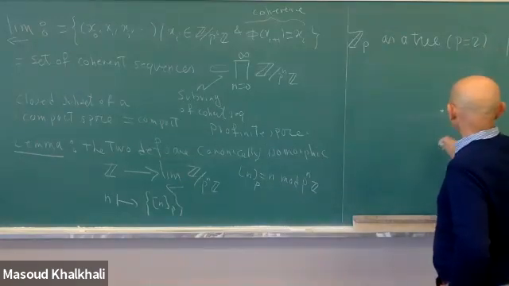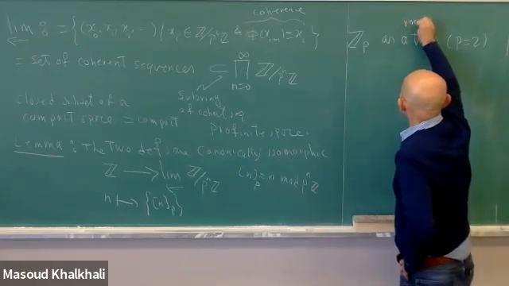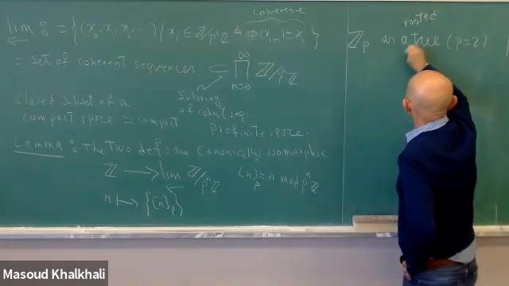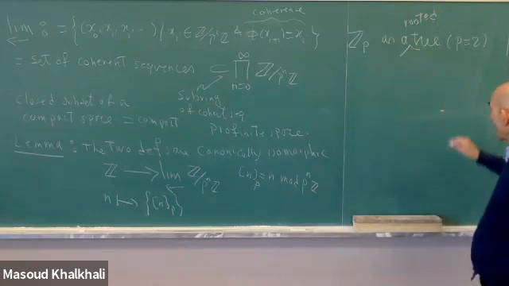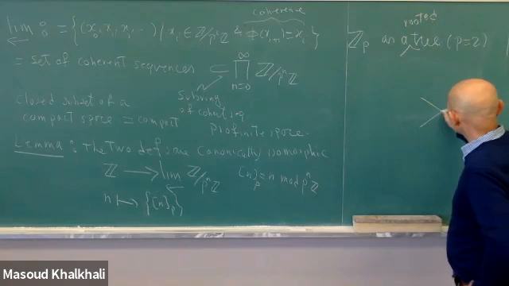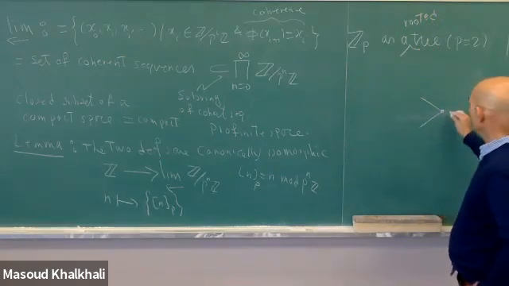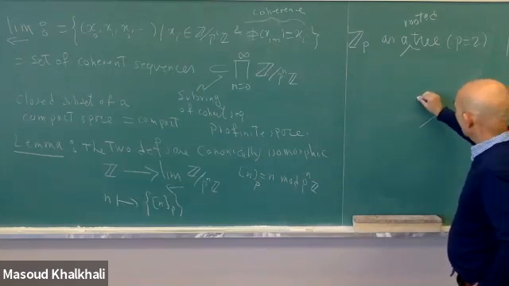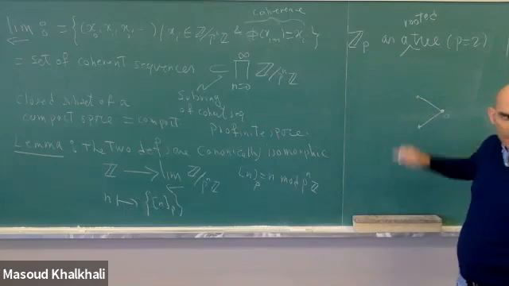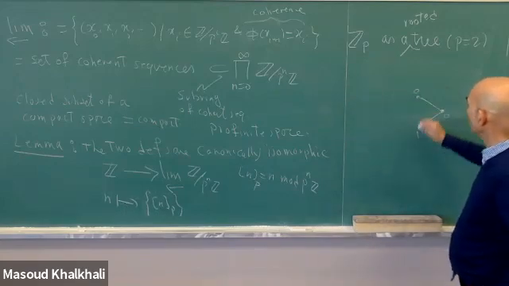As a rooted tree, you can just start with the root, which corresponds to 0. And then you get two vertices that correspond to 0 and 1.